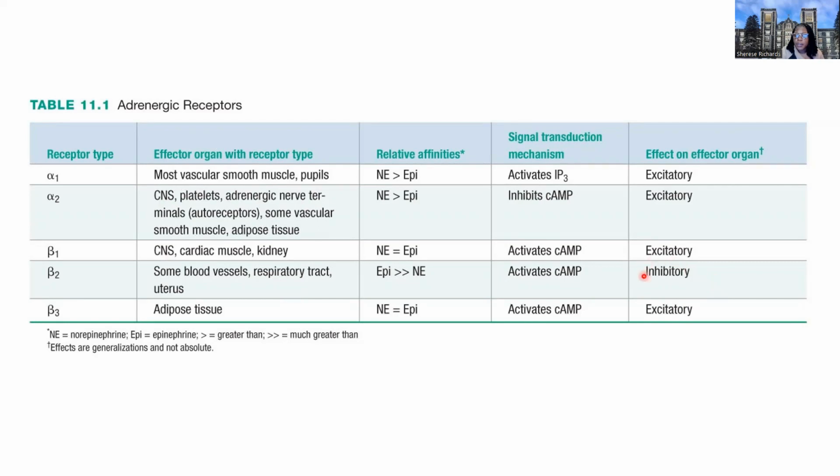In the respiratory tract example, the activation of cyclic AMP results in dilation of the bronchioles, which encourages more oxygen flow to the lungs. Beta 3 is usually on adipose. Norepinephrine is the preference. It activates cyclic AMP, and that brings about an excitatory response.